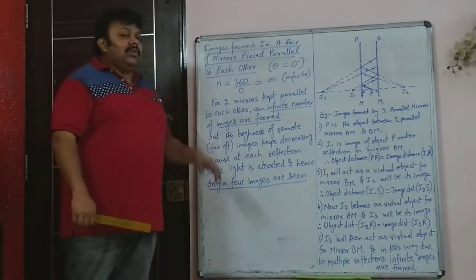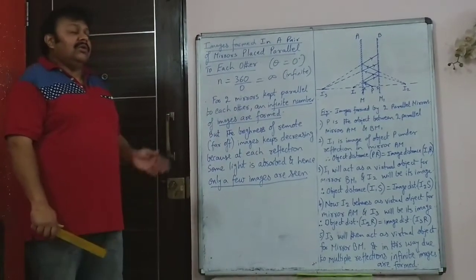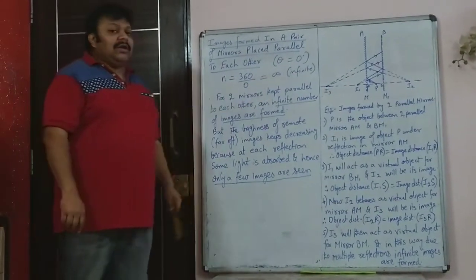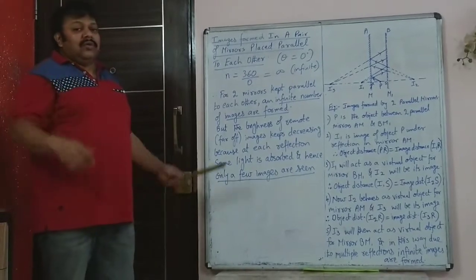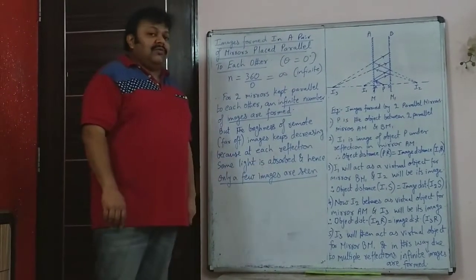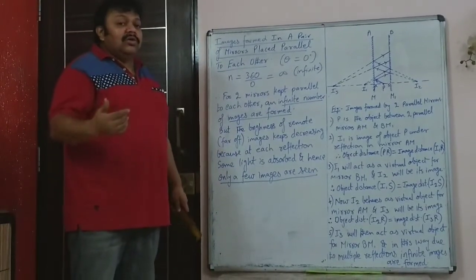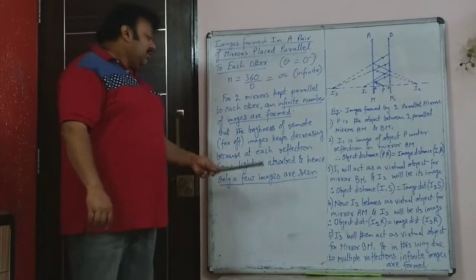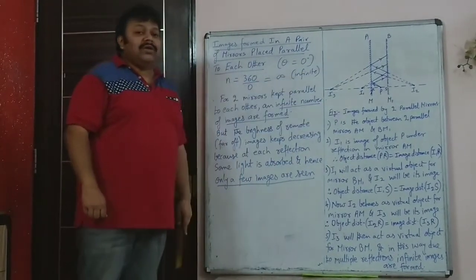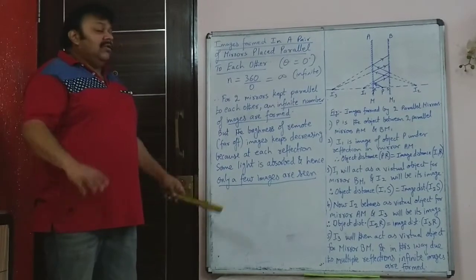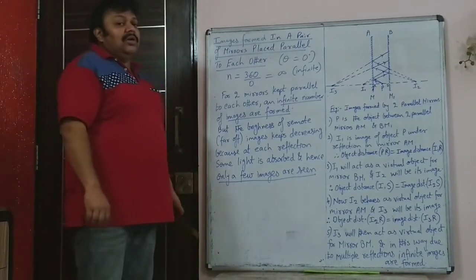So if you are asked how many images are formed when two plane mirrors are kept parallel to each other, you will write this. An infinite number of images are formed, but for images formed far off or remote, after multiple reflections the brightness of the image goes on decreasing because some amount of light energy is absorbed by the mirror whenever there is a reflection, due to which far off images are not seen or only a few images are seen.